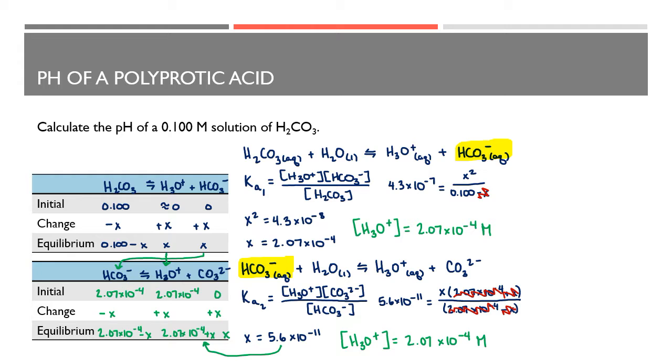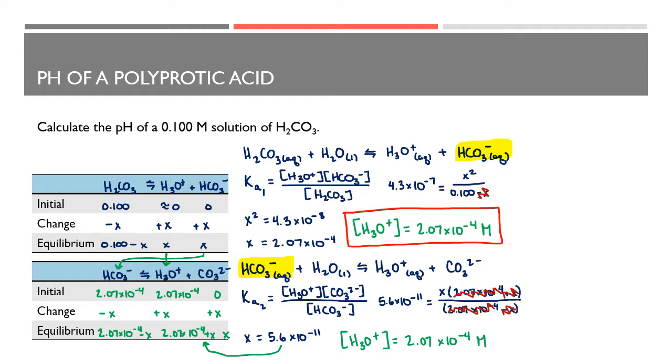So that second hydrogen coming off really did not do anything ultimately to the concentration of the hydronium. It changed it so little that we didn't even need to worry about it. So really, whenever you're solving a problem where you have a polyprotic acid, just worry about that first step, that first removal of the hydrogen.